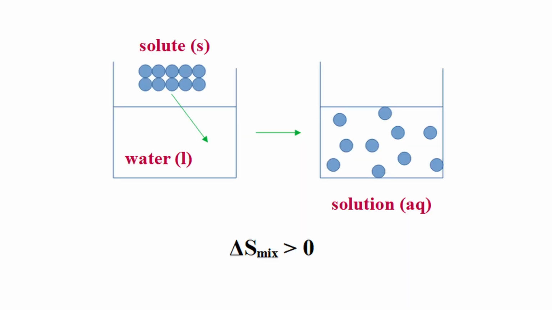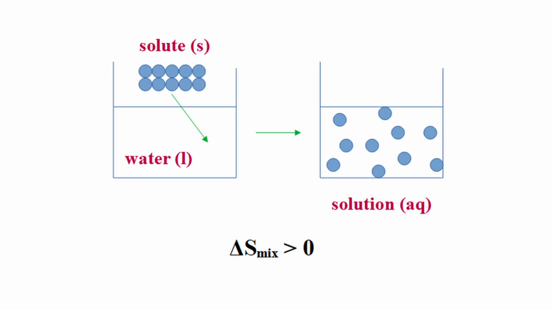The three simple interpretations of entropy can also explain the increase in entropy during mixing, in, of course, a simpler qualitative way.